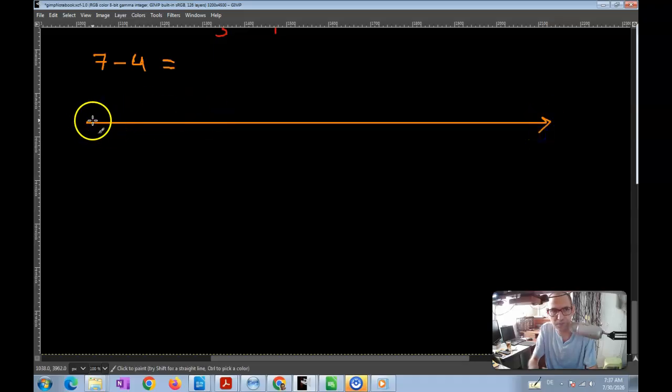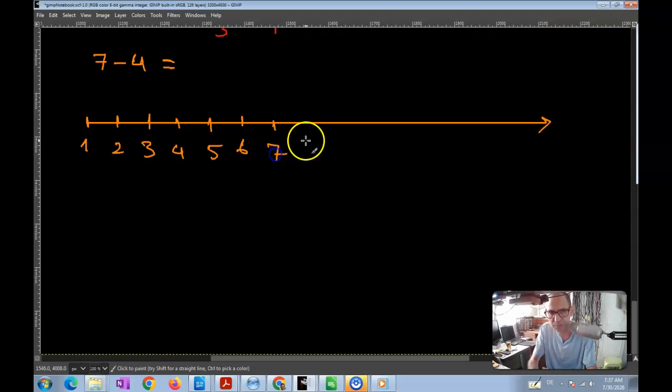You will start, for example, from 1 and 2 and 3 and 4 and 5 and 6 and, for example, 7. And we have 7 minus 4. So I will start at 7, meaning that I'm right over here, and then I have to jump.